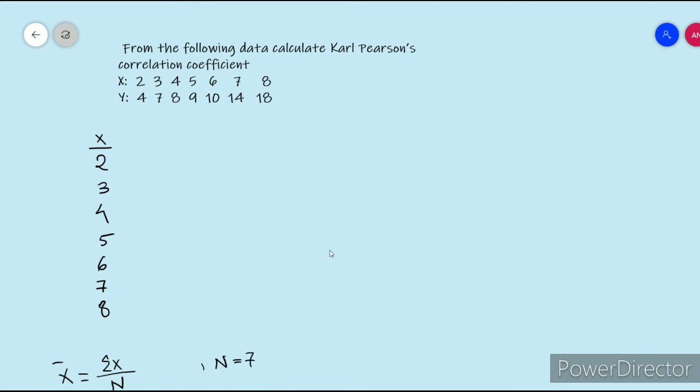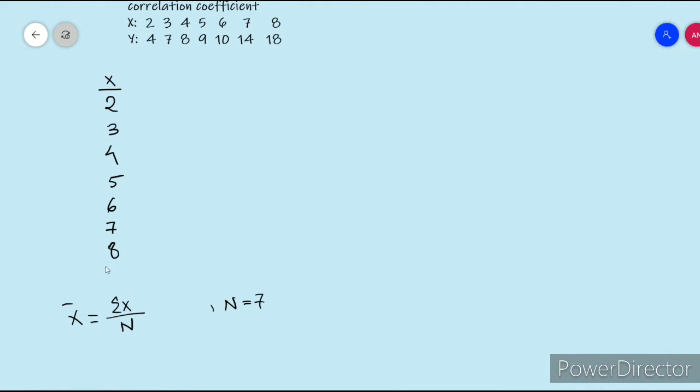And for summation x, we add all of these values together. Using a calculator, we get 35. So the mean x value is 35 divided by 7, which is equal to 5.